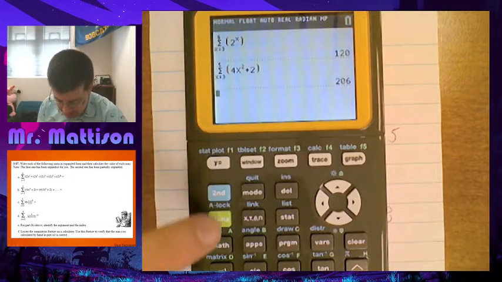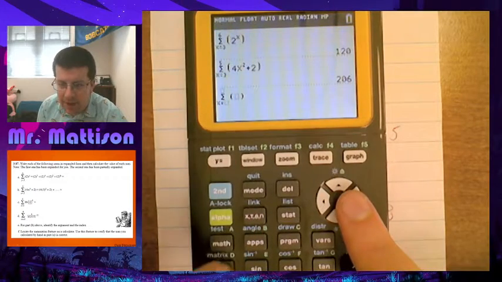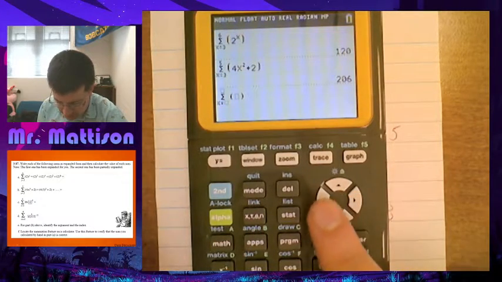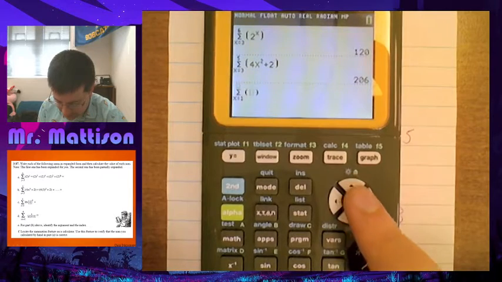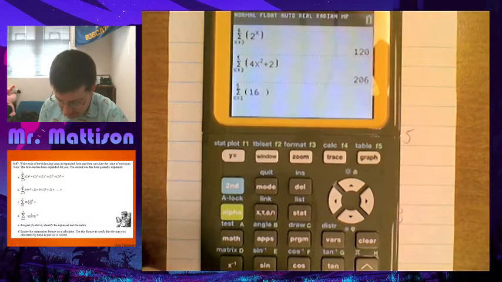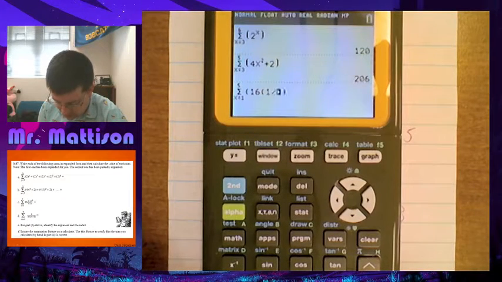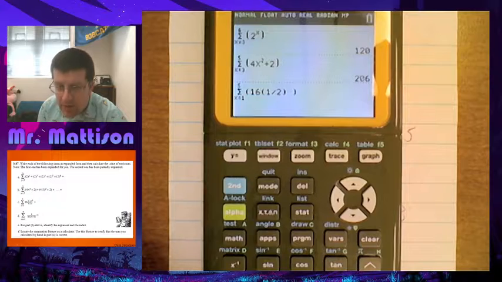Right? Then, once again, I do the summation of x from 1 to 5, and I want to follow the pattern of 16 times 1 over 2 to the x power.